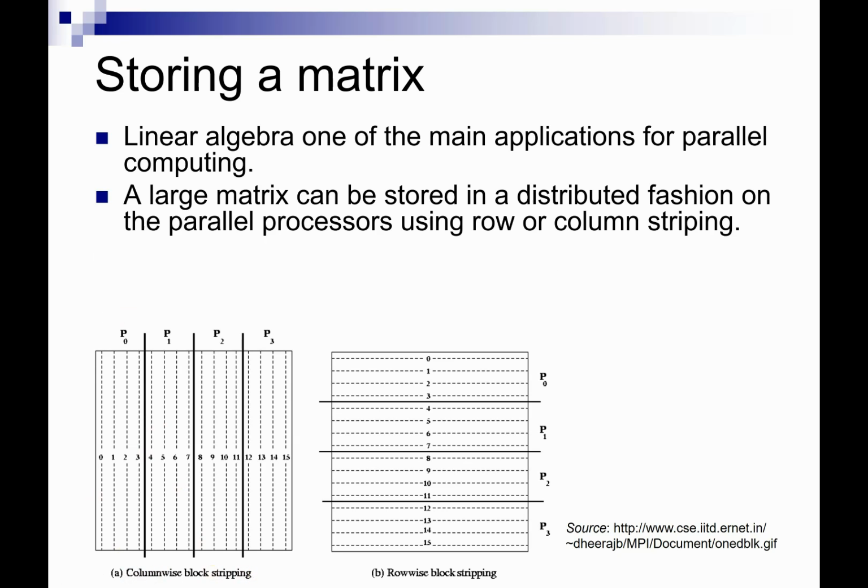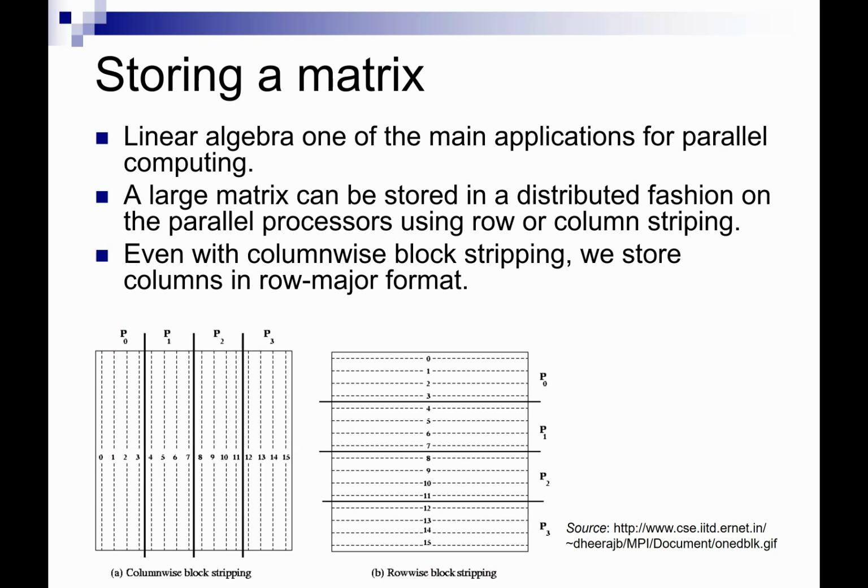I think it's called striping, not stripping, though I guess you could call it stripping also. So we have these columns, which are these stripes. And then you can also do the row-wise block striping, where you break the matrix into rows, and you assign different sets of rows to different processes.